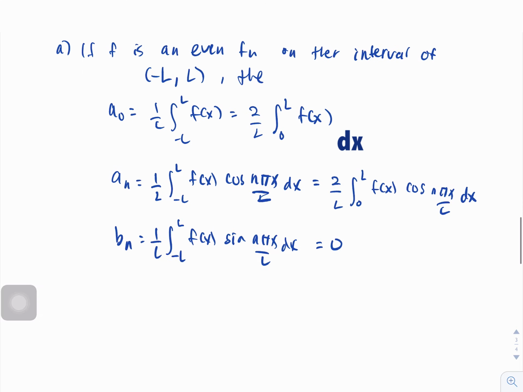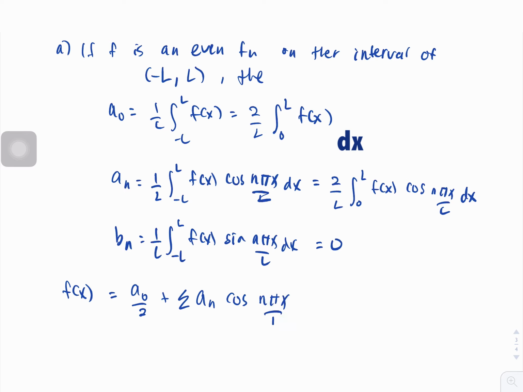Therefore, our Fourier series for f, which is an even function, is equal to a naught over 2 plus the summation of a_n cos(n pi x over L).